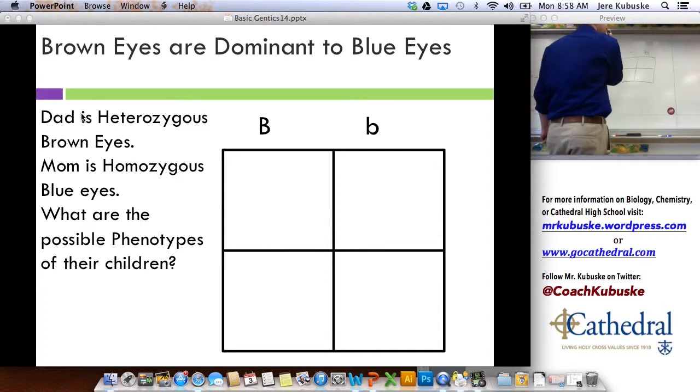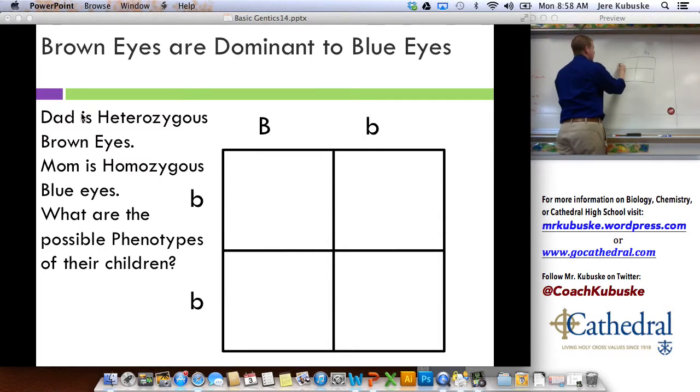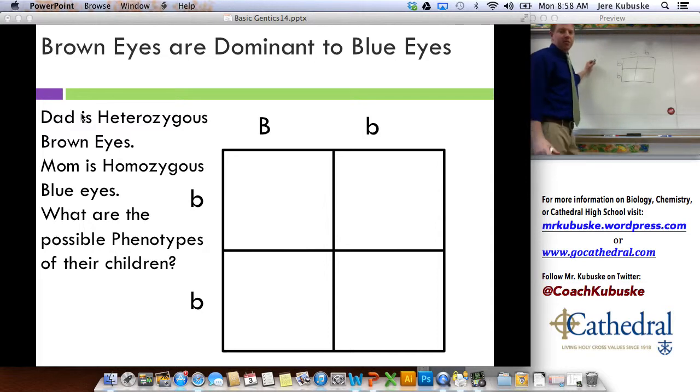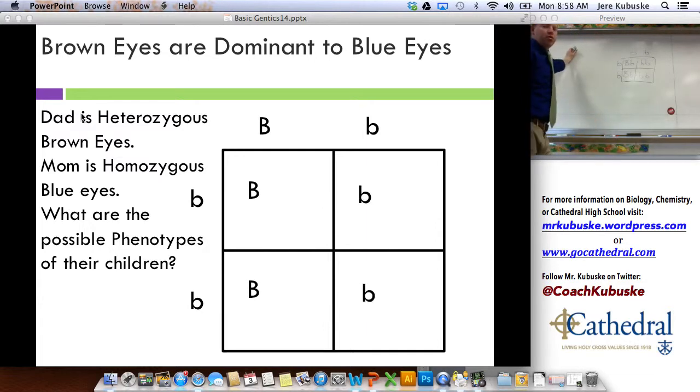Mom is blue eyes, so I don't even need to know that she's homozygous. I can already figure that out because the only way blue eyes shows up, since it's recessive, is if it's a little b, little b. Now, what are the possible phenotypes of the children? I bring dad's letters down and mom's letters across. There's only 2 possible genotypes, but how many phenotypes is that? Well, let's figure it out.